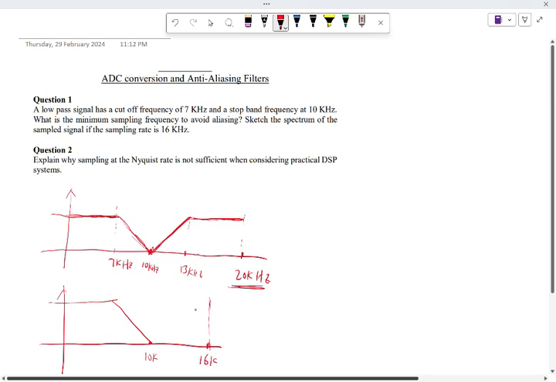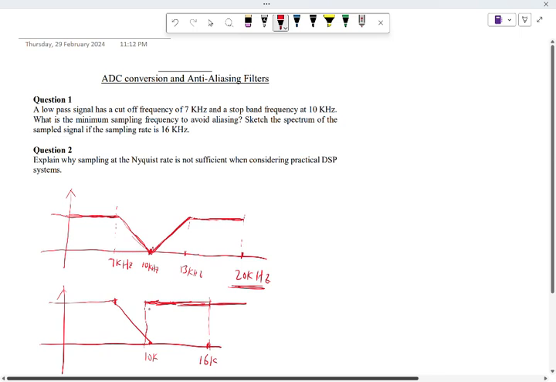When you're sampling, the frequency spectrum will be mirrored or copied and shifted. So it's 7 kHz apart from that, 7 kHz from 16 is actually 9. So here, it will be 9.